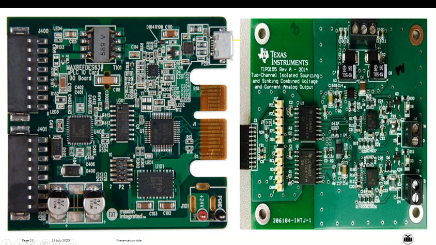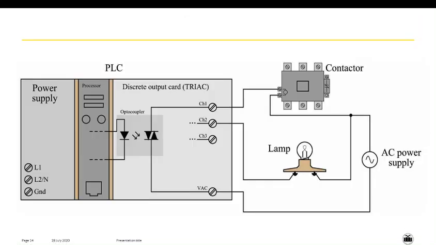These ICs will do that function, and the analog signal will be obtained over here. This is a two channel isolated sourcing sinking combined voltage and current analog output module by the Texas Instruments Company.